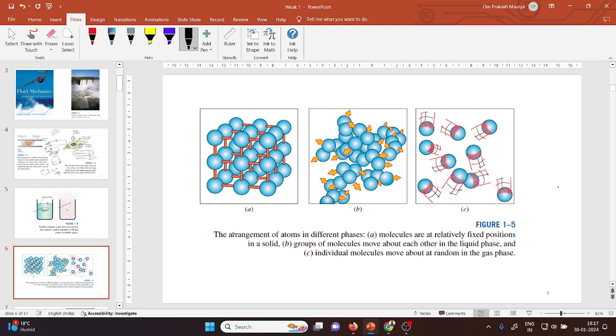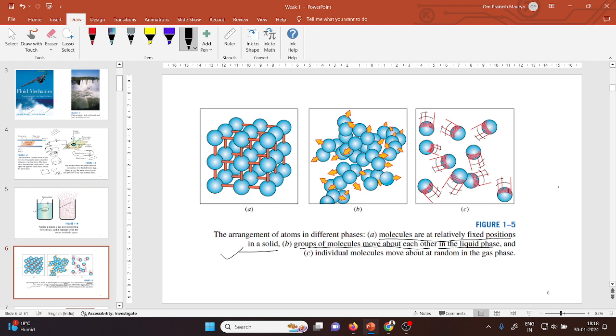So if you read the line here, what is written: the molecules are at relatively fixed positions in case of solid. In case of liquid, the group of molecules move about each other in the liquid phase.